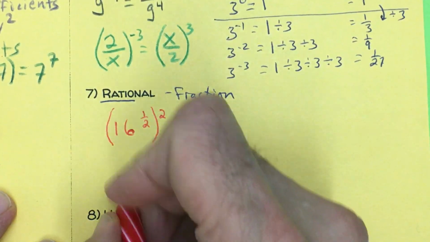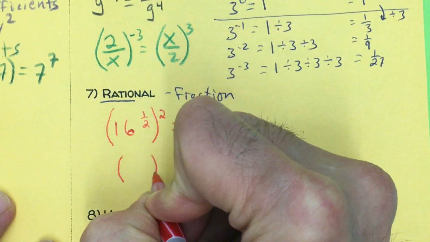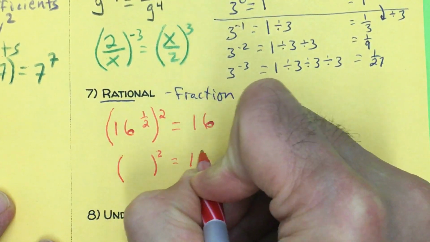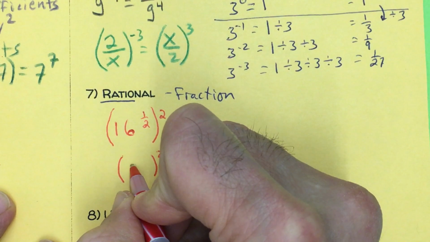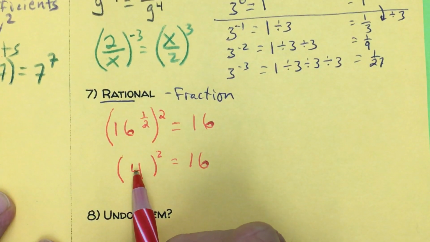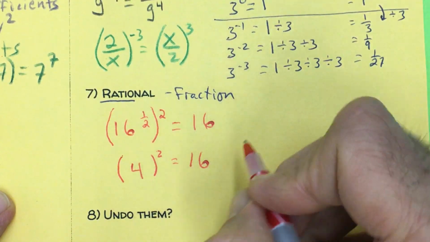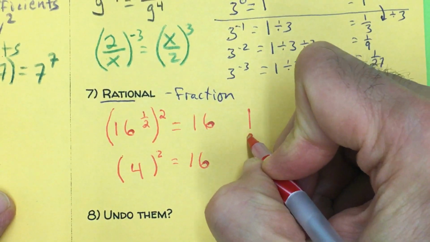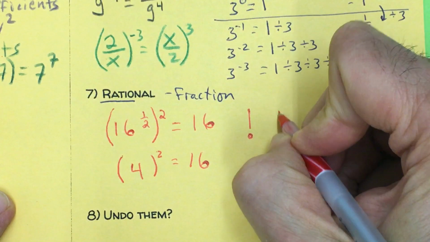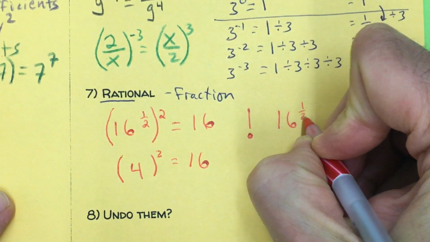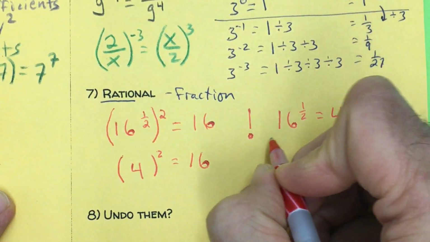What could this be? So what number squared is 16? Oh, well, 4. 4 times 4 is 16. So 16 to the 1/2 power equals 4.